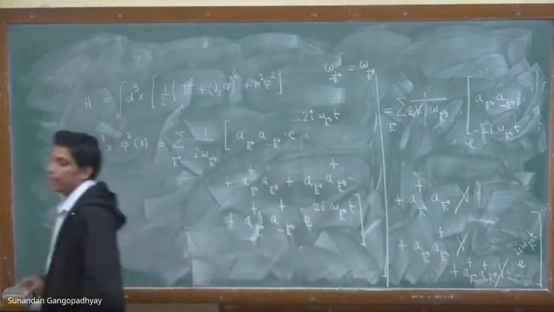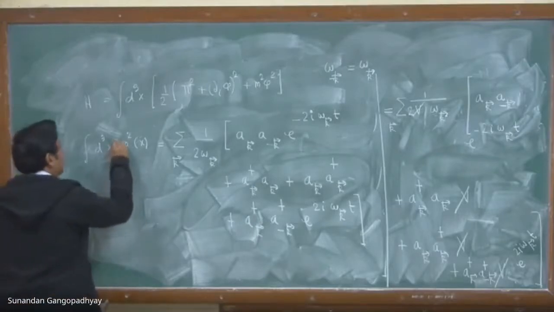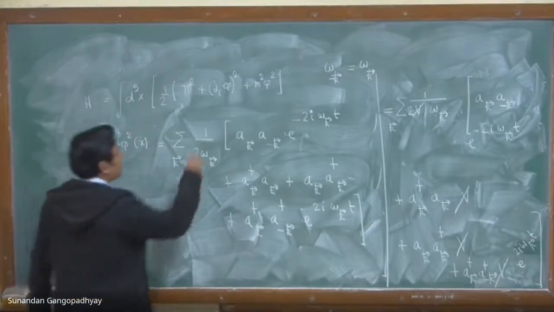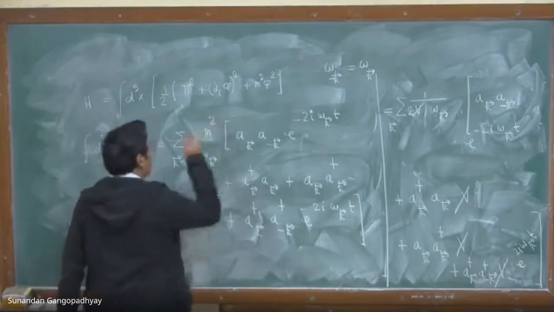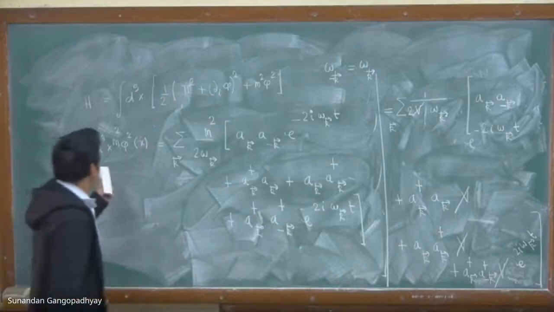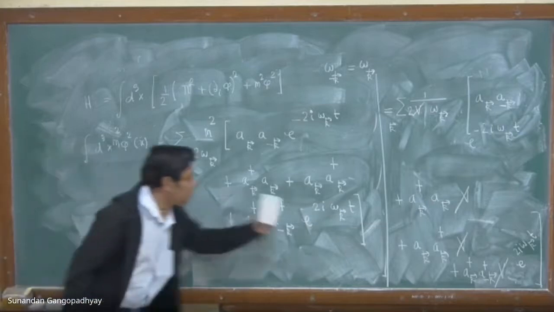So this is the final expression for integral d cubed x pi square x. You have an n square multiplied by this. So you put an n square on top, and therefore you will just have an n square here. So this is the expression for integral d cubed x n square pi square, and that is equal to this thing.